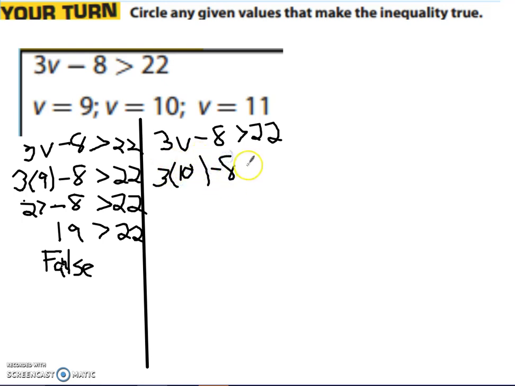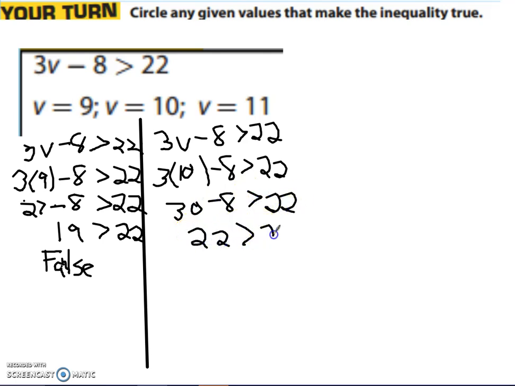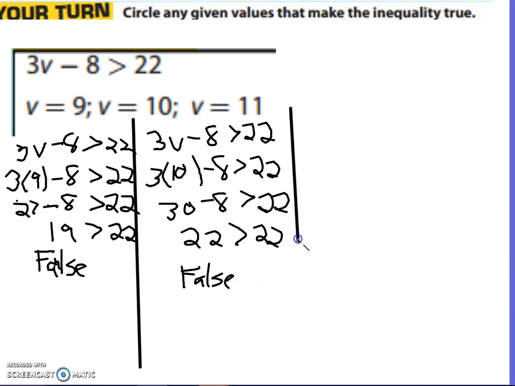So 3 times 10 is 30. 30 minus 8 is 22. Is 22 greater than 22? False. It's equal to. All right, the last one.